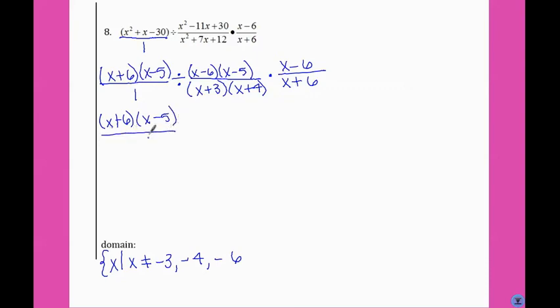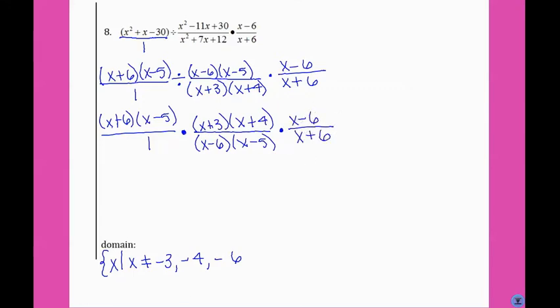We're going to switch to multiplication. We're going to flip this fraction. Because this one's being multiplied, it'll stay multiplication, and it will stay right side up.